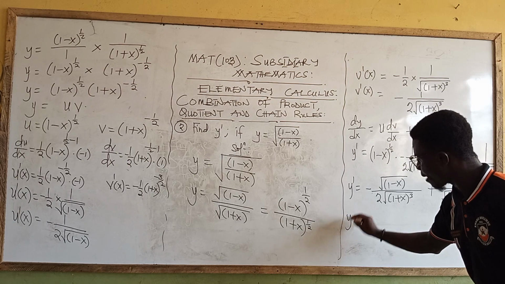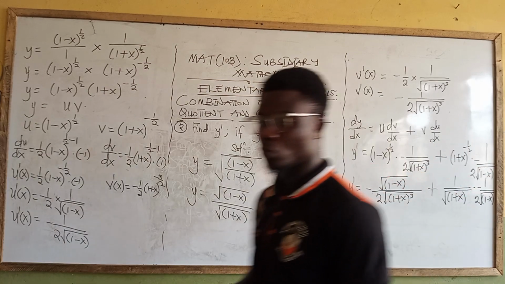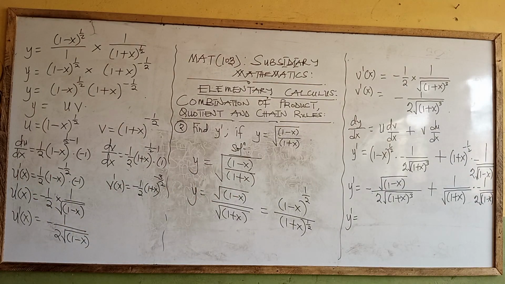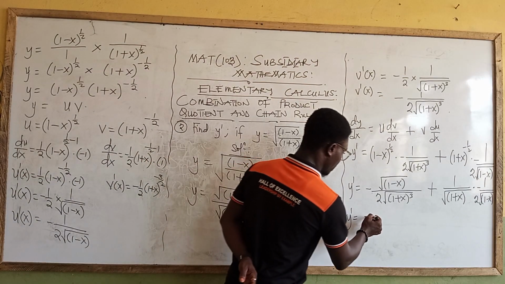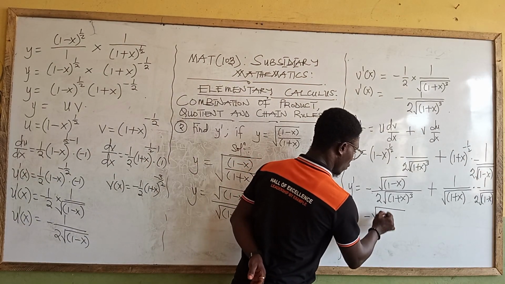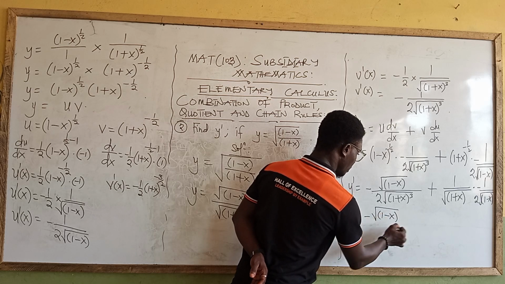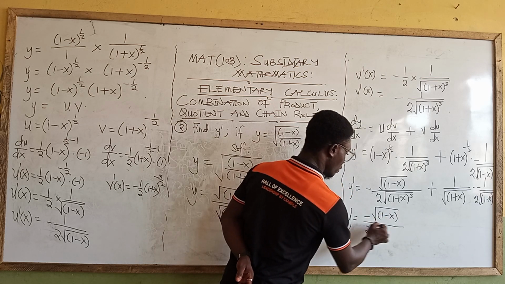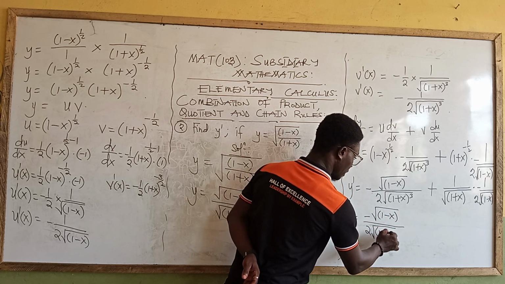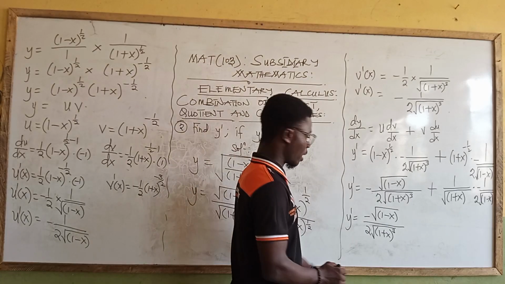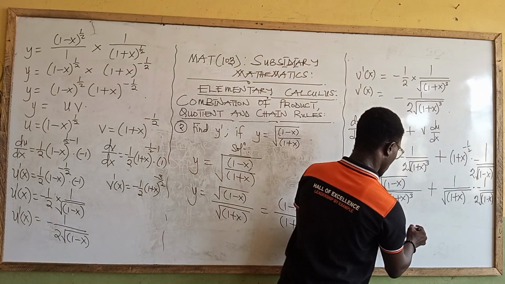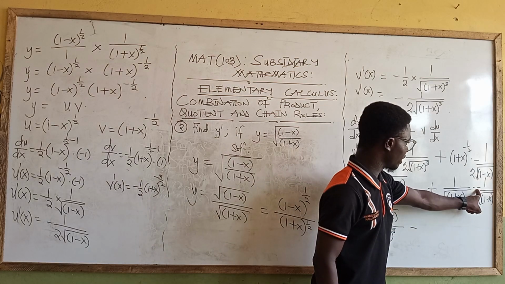So I have my y prime, which must be equal to, alright, so let's see. I get negative square root of 1 minus x divided by 2 square root of 1 plus x to the power 3. So we have this. Then I have my minus, because we have negative here.